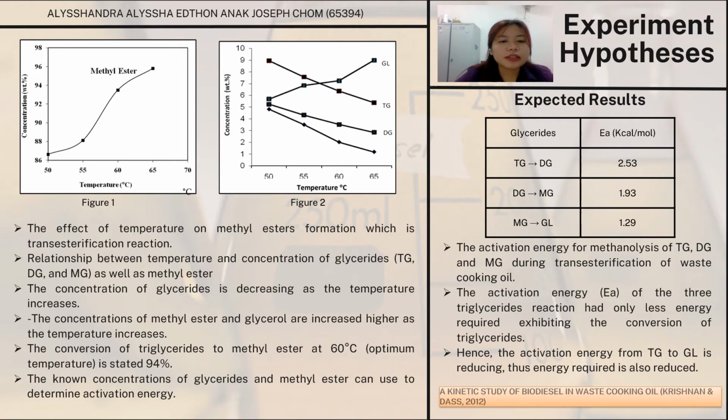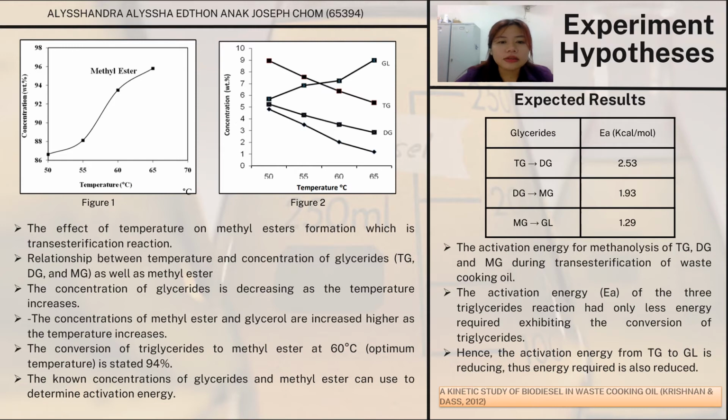The concentration of glyceride decreases while the concentration of methyl ester and glycerol increases as the temperature increases. This is also related to the conversion of triglyceride to methyl ester, shown in figure 1. At 60 degrees Celsius, the conversion is 94%, which makes 60 degrees Celsius the optimum temperature for this experiment.